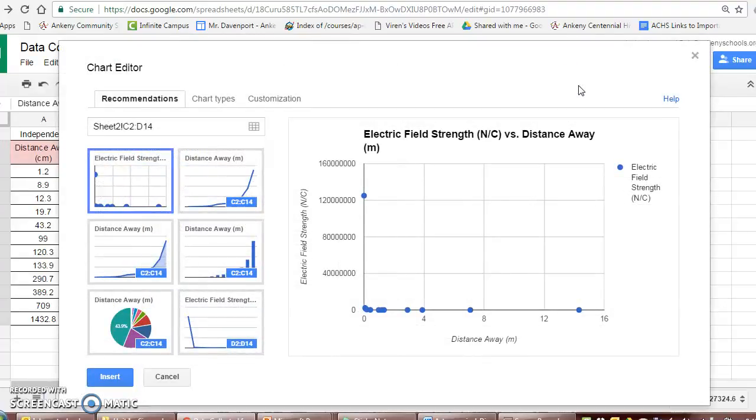And I quickly realized that from the data collected that there's a strong trend, and the numbers are pretty large, so it's hard to see here, but we're at 125 million newtons per coulomb with this very small distance, and then as we get about 14 meters away, our strength is reduced to 89 newtons per coulomb.